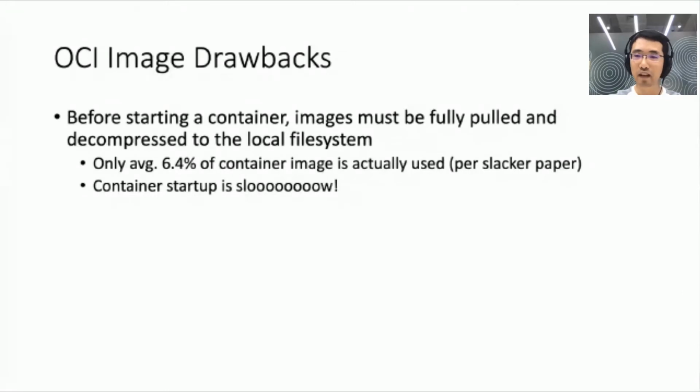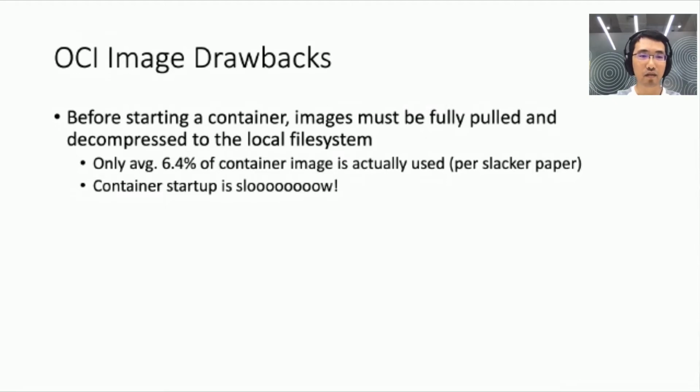And there's a paper from Project Slacker, and it says only 6.4% of the container image is actually used when we run a container. So it is really a waste of time to pull all these things locally. The consequence is obvious: the container startup time is very slow, especially the first time.